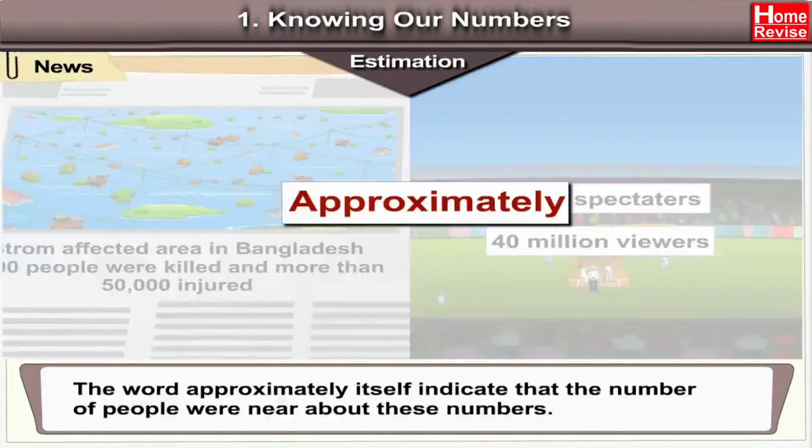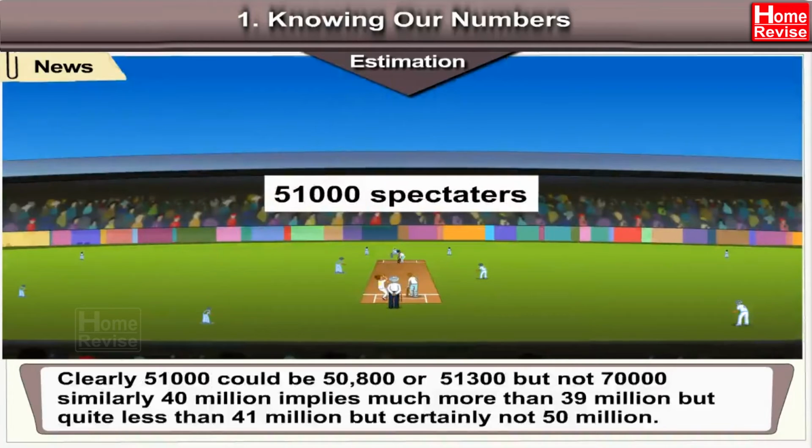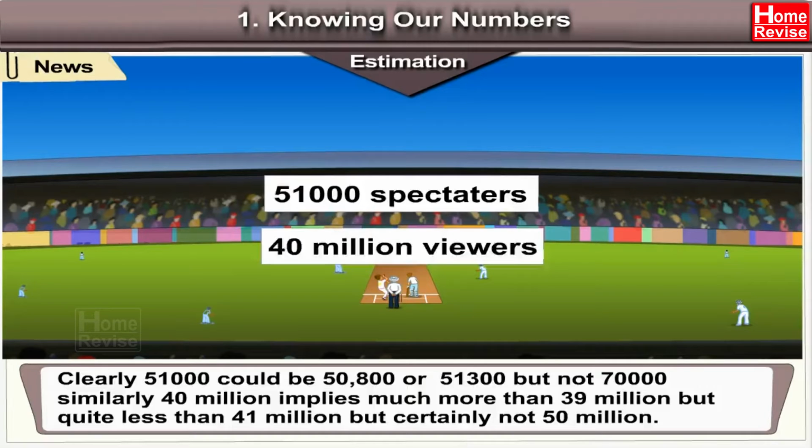The word approximately itself indicates that the number of people were near about these numbers. Clearly 51,000 could be 50,800 or 51,300, but not 70,000. Similarly, 40 million implies much more than 39 million, but quite less than 41 million, but certainly not 50 million.